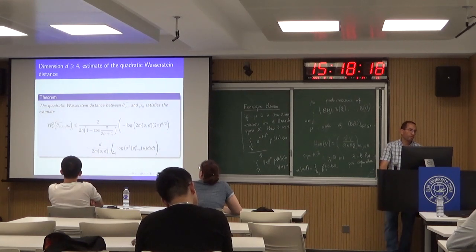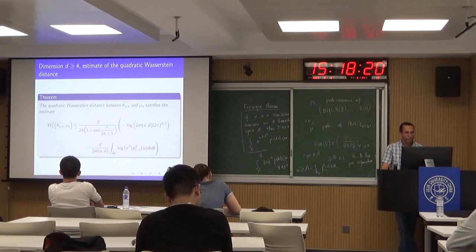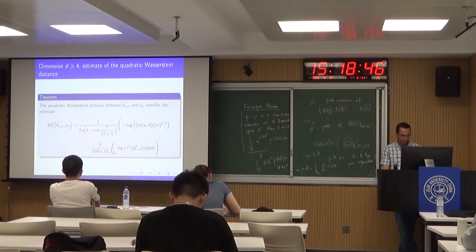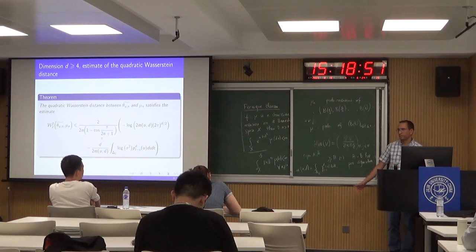Finally, we have the estimate for the quadratic Wasserstein distance between theta u and mu n. It satisfies the following inequality, just combining the previous result. This is 2 divided by kappa n, remember, times an estimate for the relative entropy. Of course, we can check that this upper bound is going to plus infinity when n tends to plus infinity.